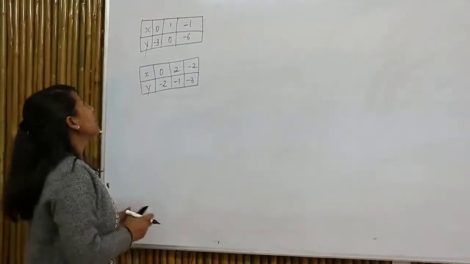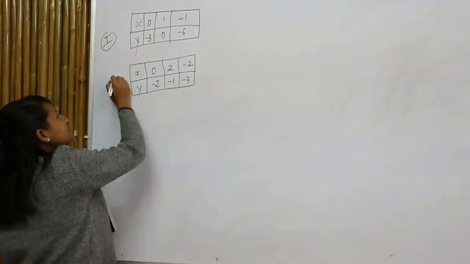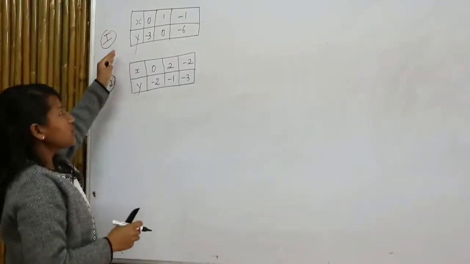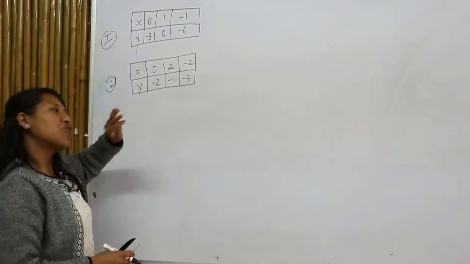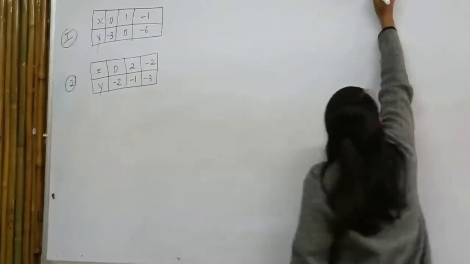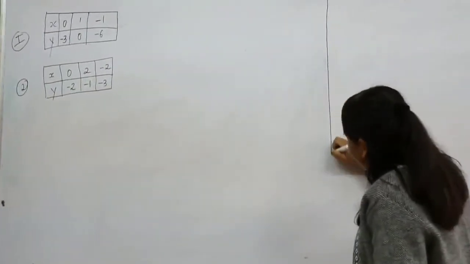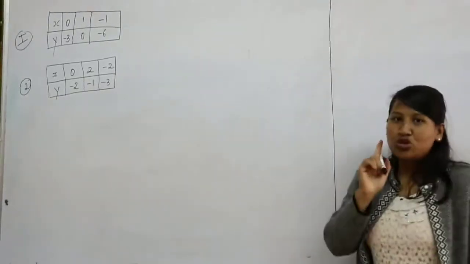This is for the first equation, and this was for the second equation. These will help you to plot the graph, and remember to get it right. If wrong, you will not get a straight line. So they will provide you a graph paper, and then you draw 2 straight lines.